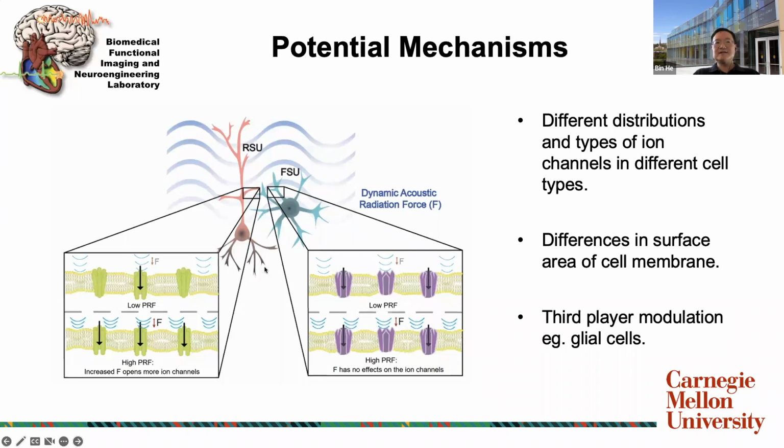And here, this is a cartoon to illustrate that for regular spiking units, you can see the radiation force changes and leads to more ion channel response. And then for the faster spiking unit, this acoustic radiation force does not play a role. So this could be due to different types of ion channels and different cell types.